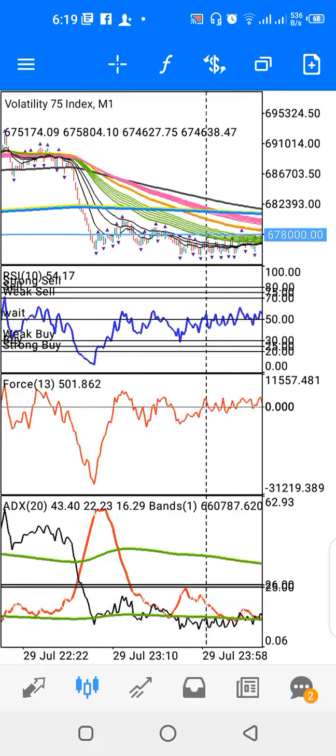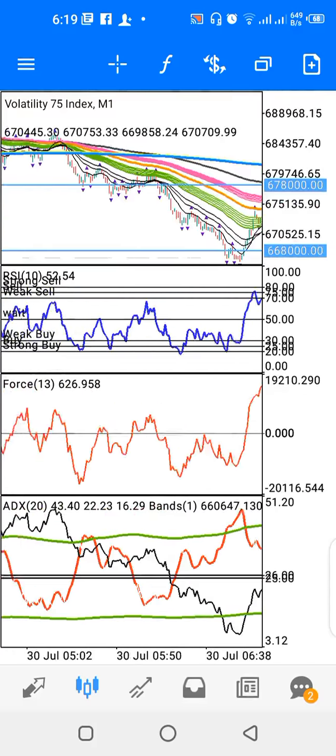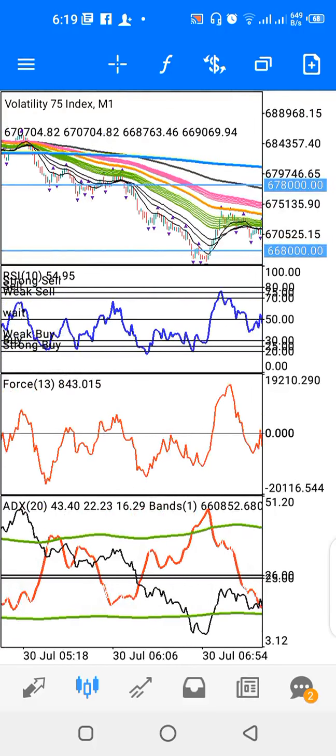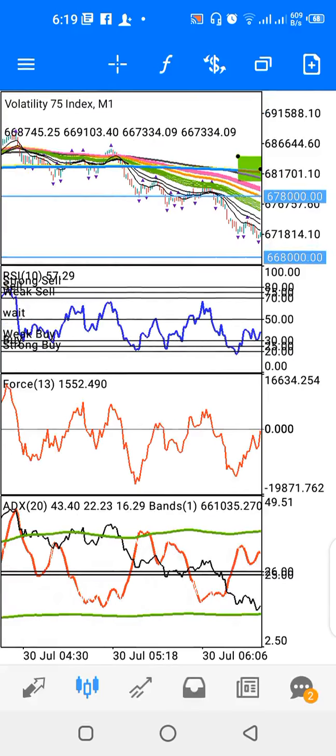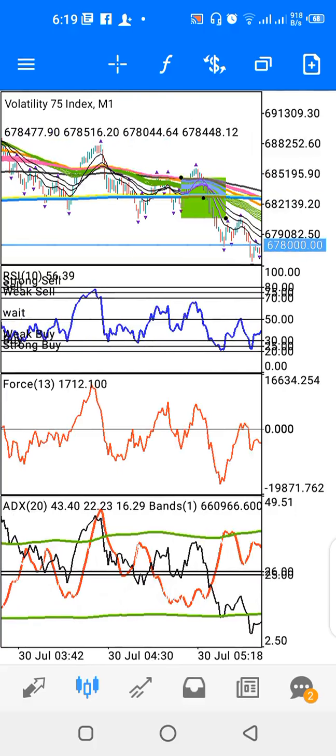Now you have all the moving averages going below the trend moving average around here. These are the trend moving averages. You can see the projection of the trend moving averages around there.